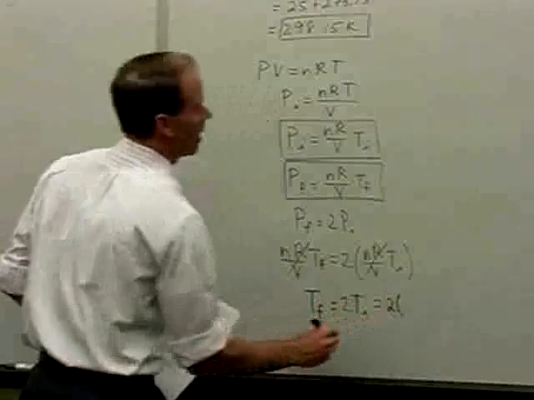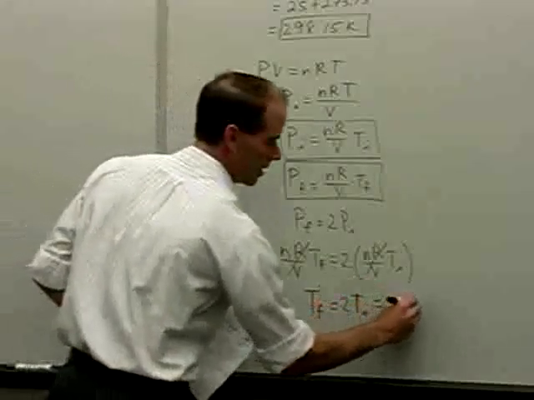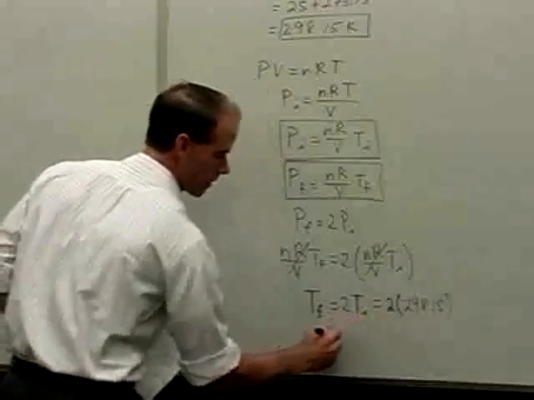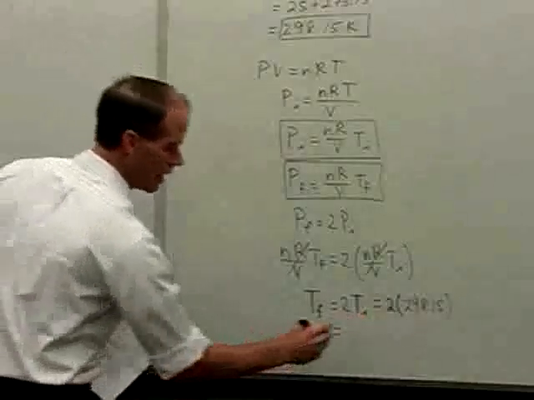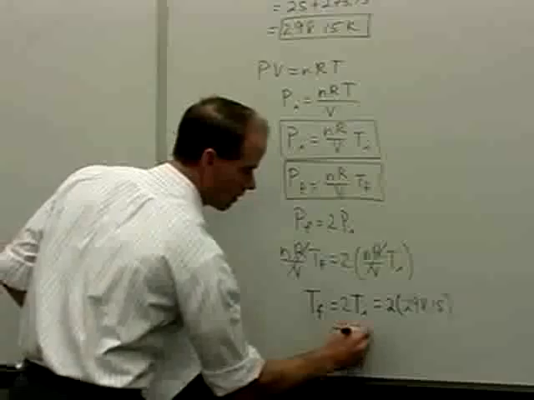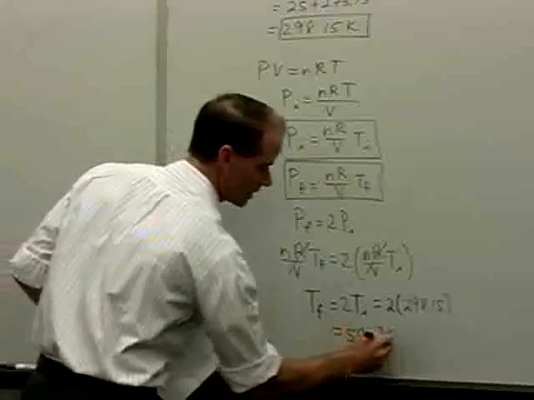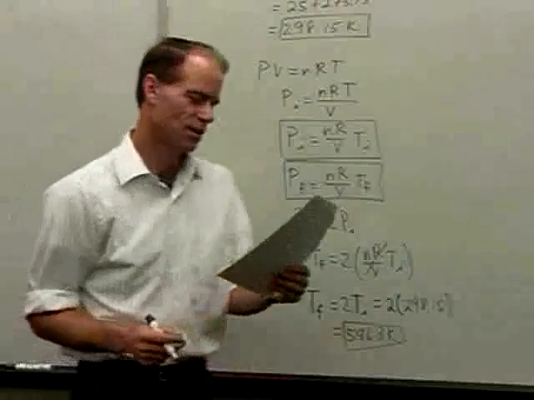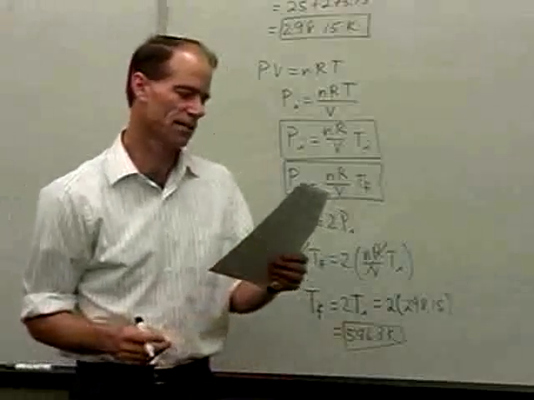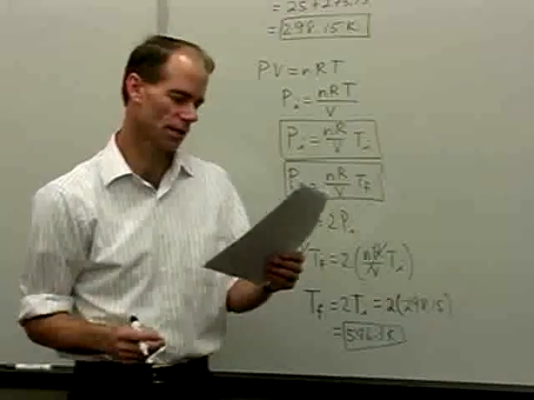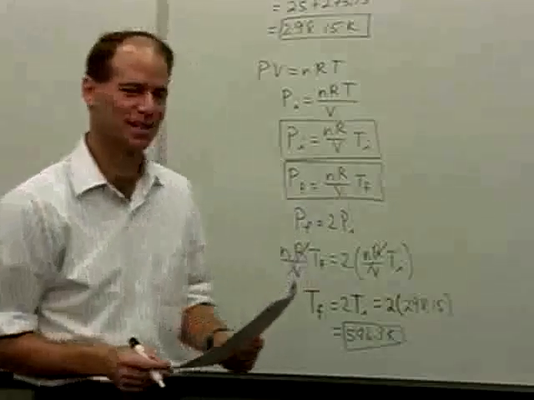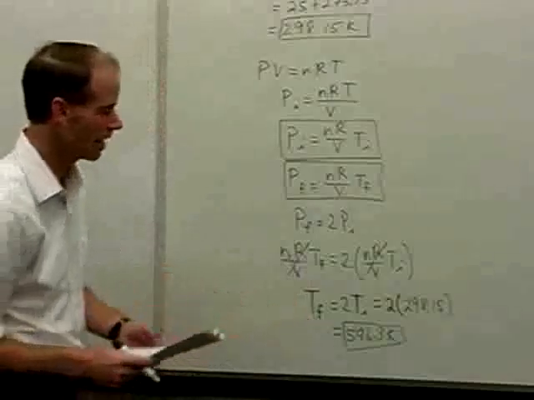So that is 2 times 298.15 Kelvin, which is 596.3 degrees Kelvin. It says find the final temperature in degrees Celsius. So a little tricky here, we have it in Kelvin here.